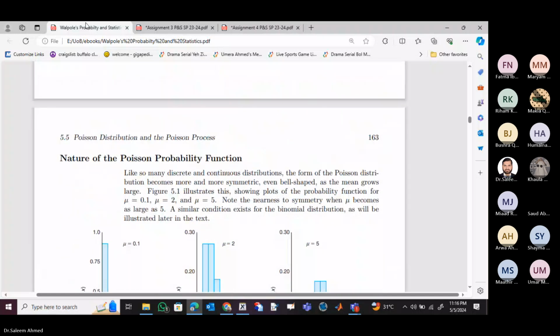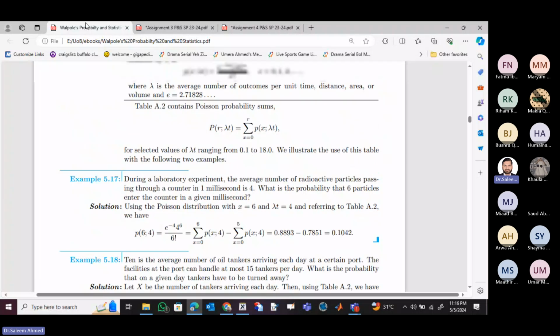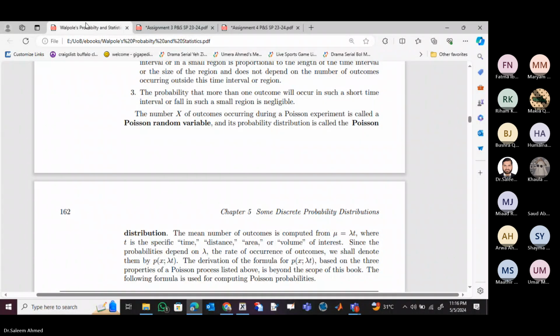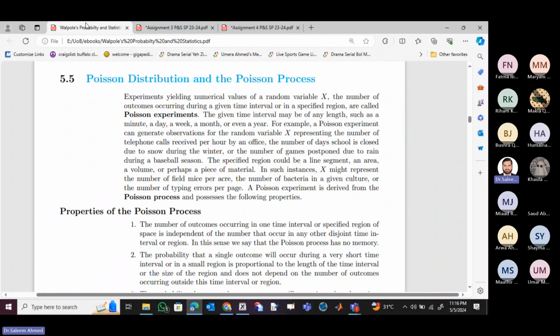So here, nature of the Poisson distribution. Right, properties of Poisson distribution.